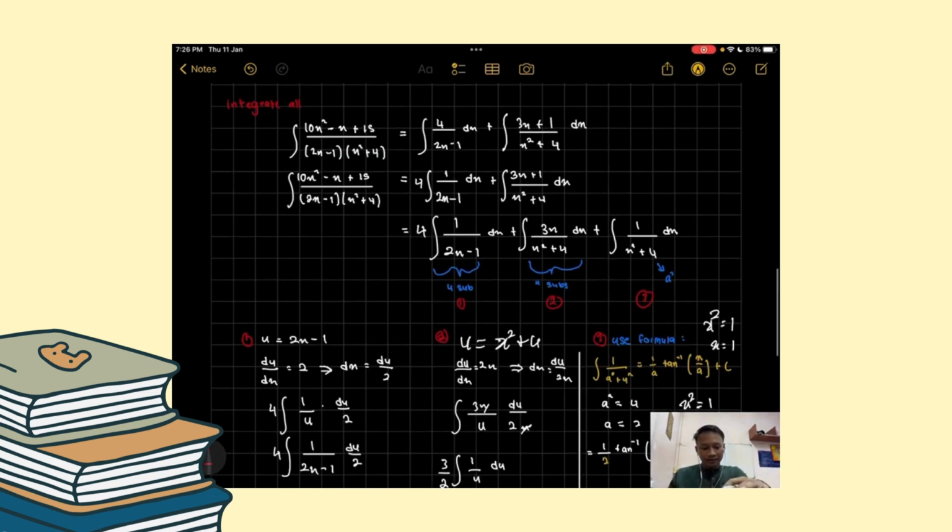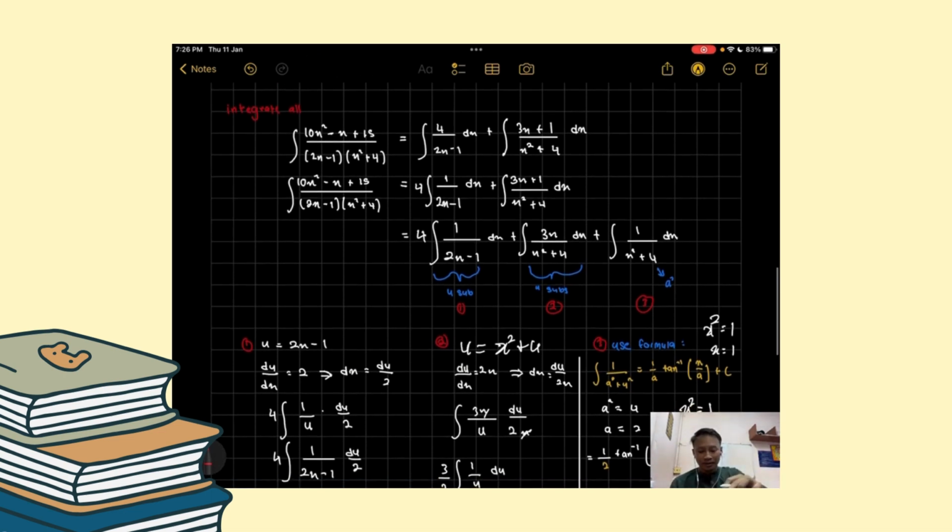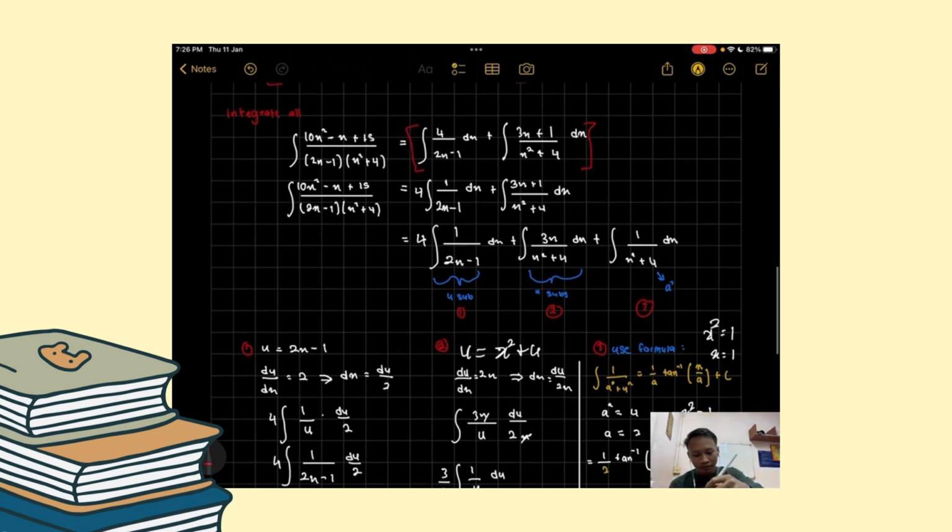We continue the question. After we got the values of a, b and c and put them into the formula, we need to integrate this side. As we can see, we divided it into two integrals, and the first one is 4 over 2x minus 1 dx.